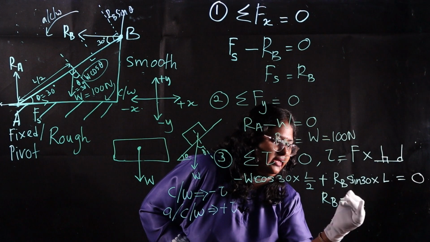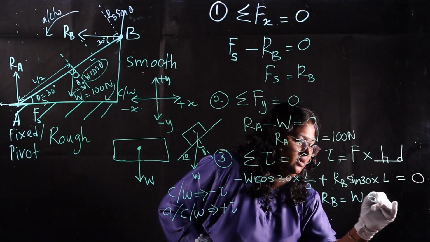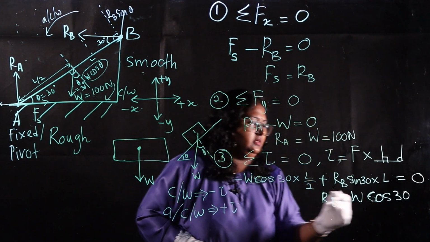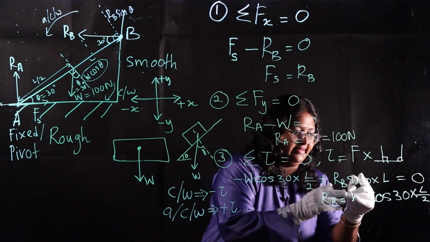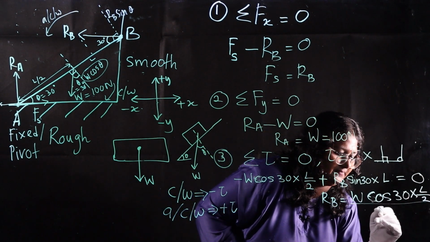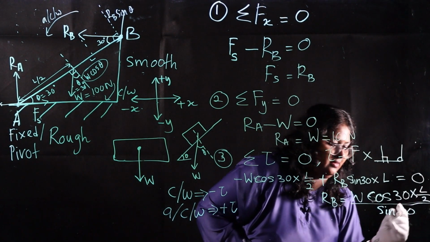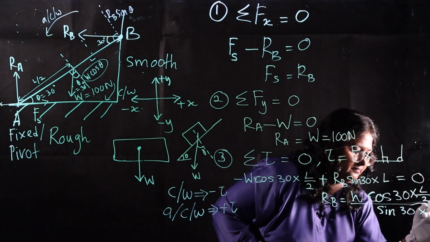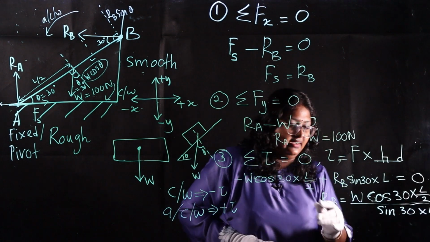So here I can solve. Rb equals W cos 30 times L over 2, and sin theta I divide here, sin 30, and also L. I just leave the Rb here, and the rest I bring to the right hand side.